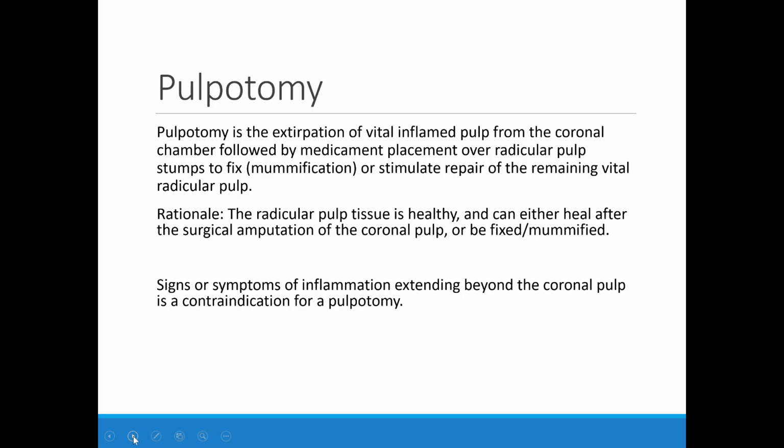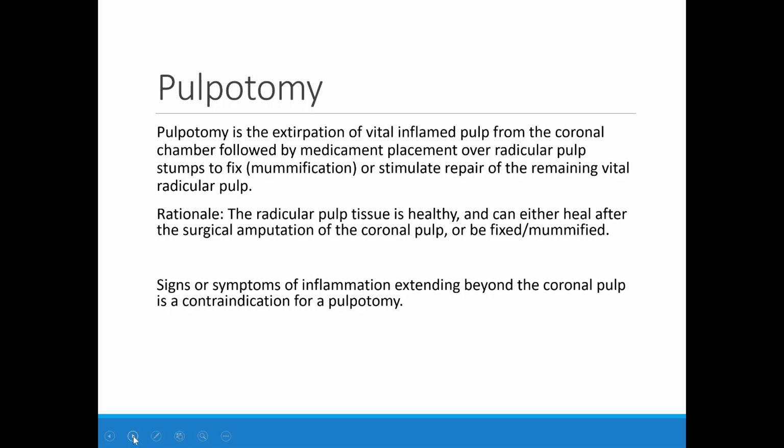So please pay attention to this description. What does it mean? We always use some medicament placement over the radicular pulp. We don't leave this radicular pulp by itself in the roots, because it will lead to increasing inflammation and pulp necrosis.